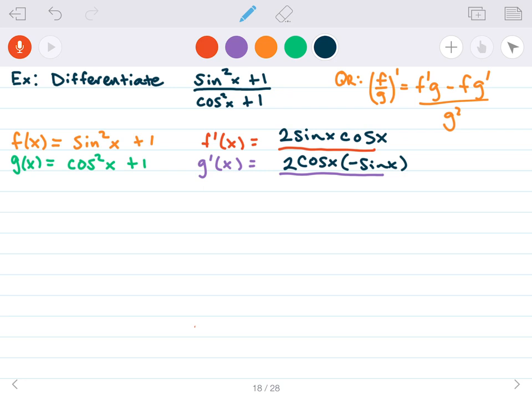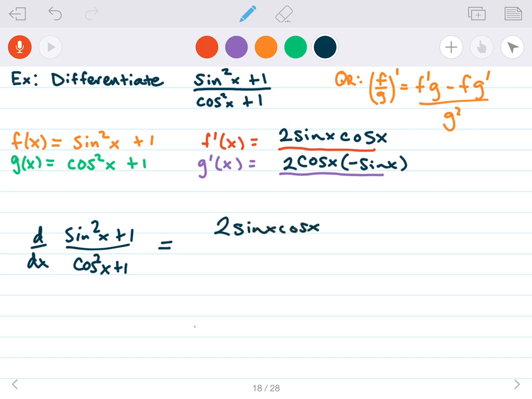Okay, so the quotient rule tells us that the derivative of sine squared plus 1 over cosine squared plus 1 is going to be f prime, which is 2 sine cosine, times g, which is cosine squared plus 1, minus f, sine squared plus 1, times g prime.